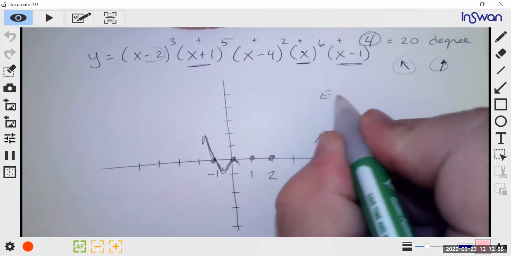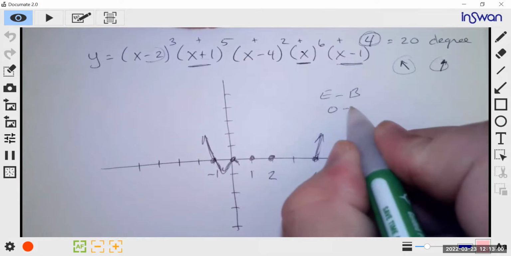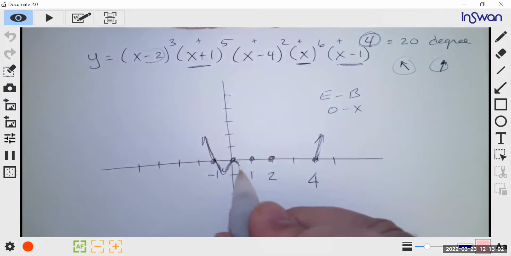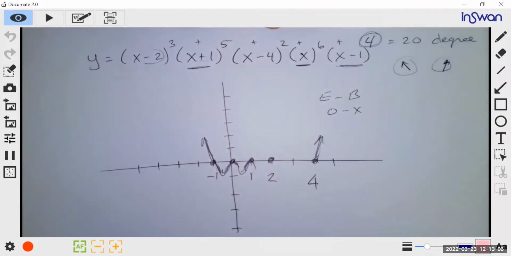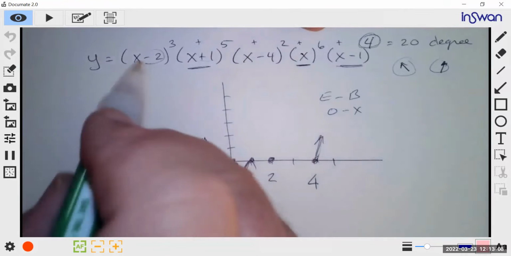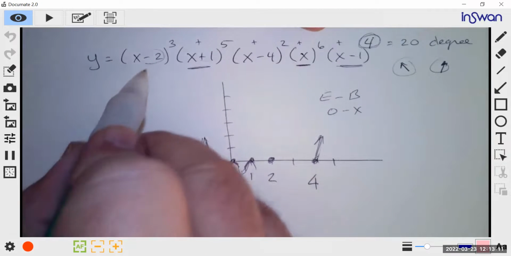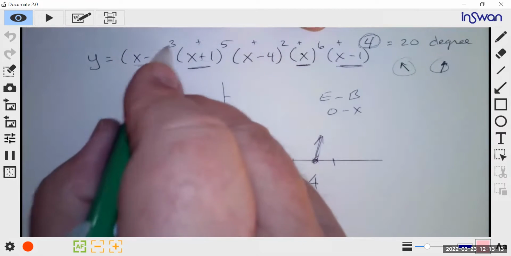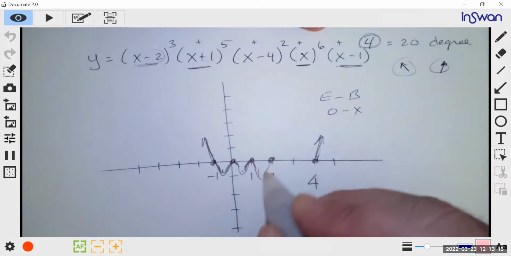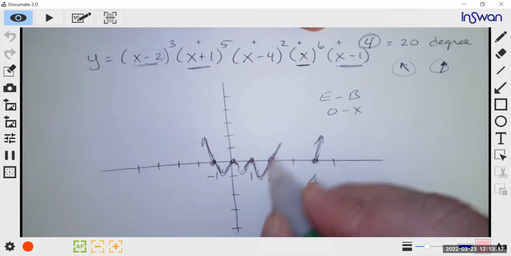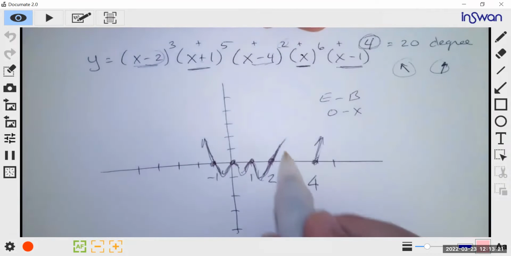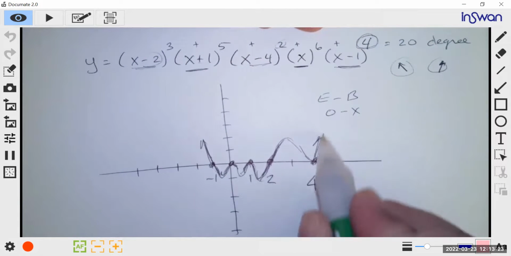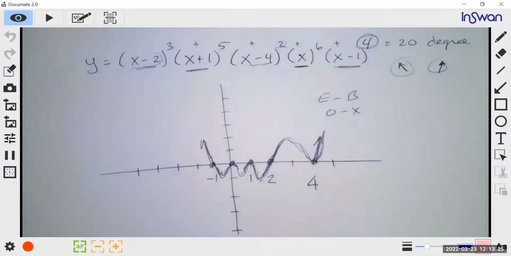Remember, even you bounce, odd you cross. So that one bounces also. At +2, it's odd, so you cross it. And at 4, it's even, so you bounce. So that's how these multiplicities work.